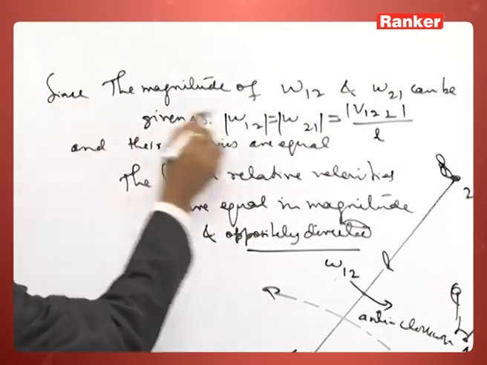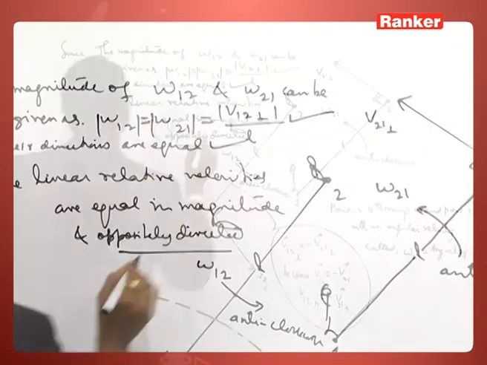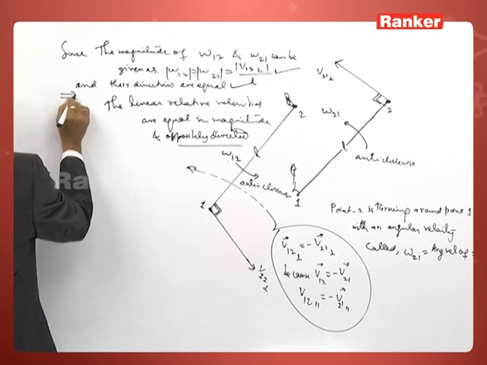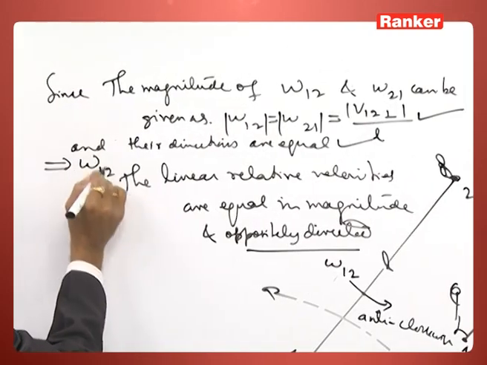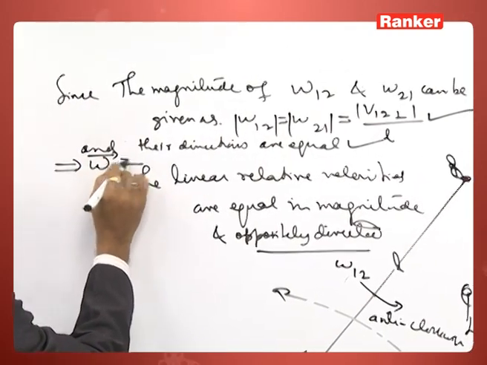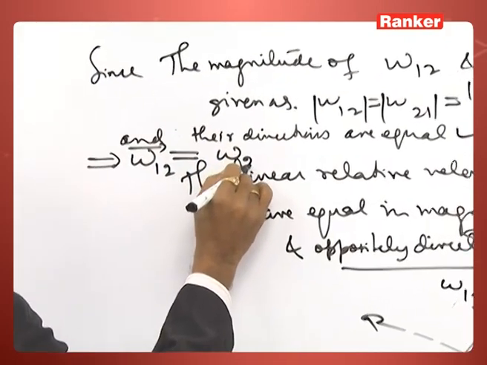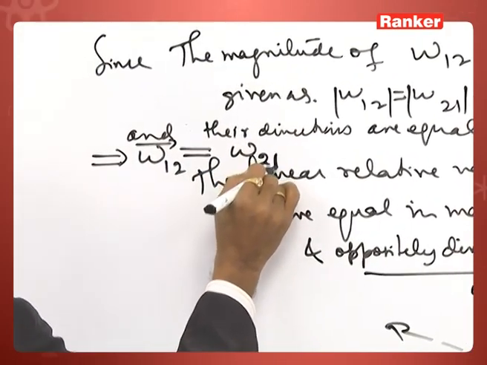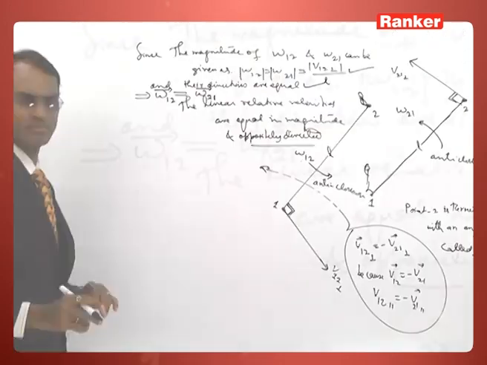Since these two conditions are satisfied, we can say that the angular velocity of 1 with respect to 2, this vector, is exactly equal to the angular velocity of 2 with respect to 1, this vector.